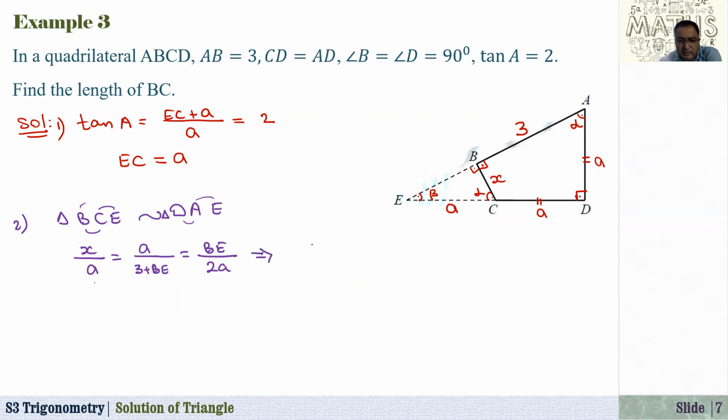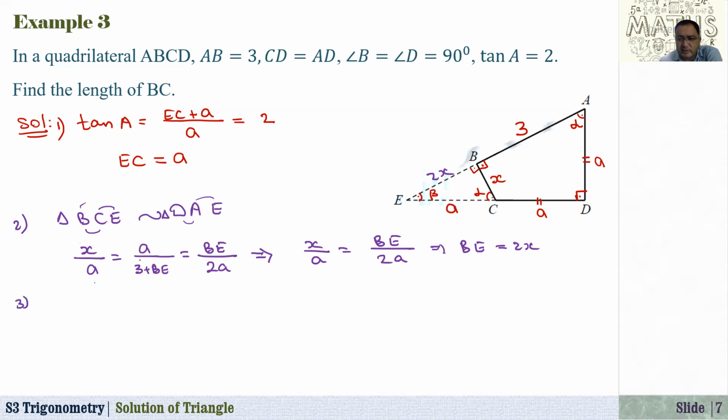From here, BE is equal to 2X. So now we can find the relation between A and X.